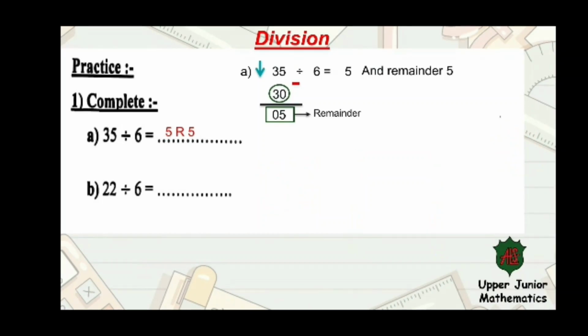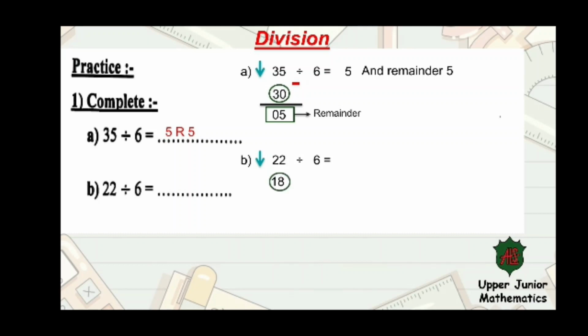Now another example, B, 22 divided by 6. Again, I don't have 22 as an answer in table 6, so you make it smaller until you reach a number which is an answer in table 6. 21, 20, 19, 18. Yes, I do have 18 in table 6, so I write it under the 22.